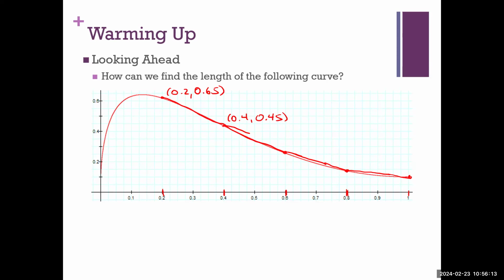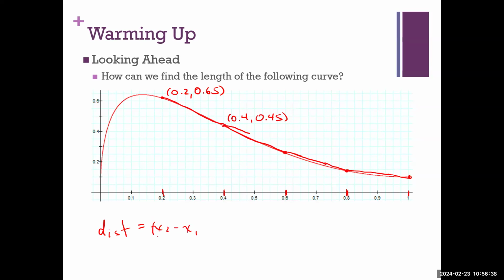How do I find the distance between them? X2 minus X1. So that'll give me the distance in the x direction, but I want the pure distance. I want the square root of (x2 minus x1) squared plus (y2 minus y1) squared.